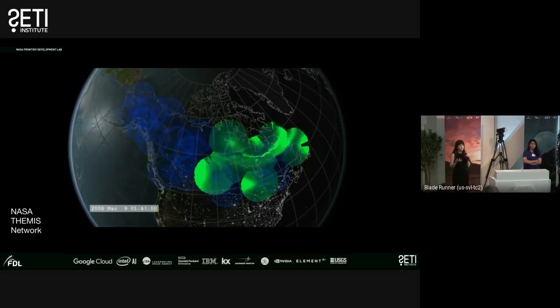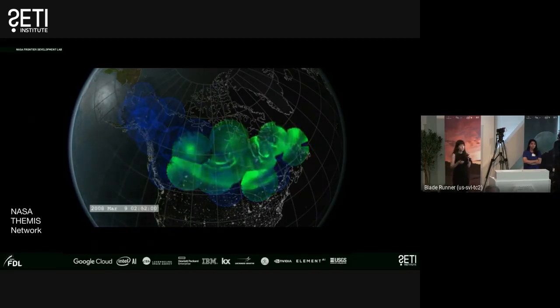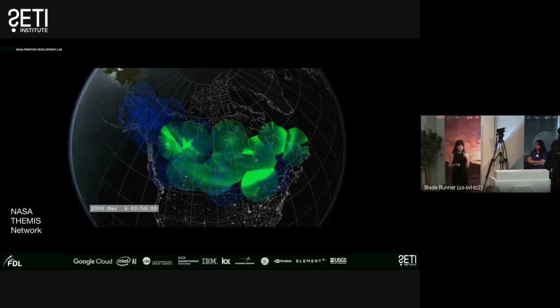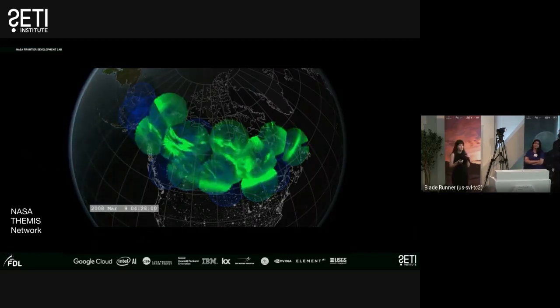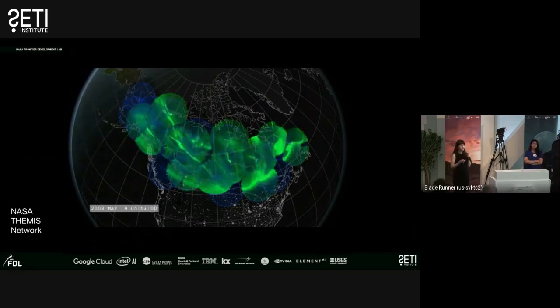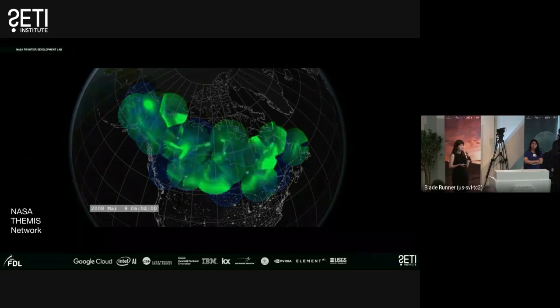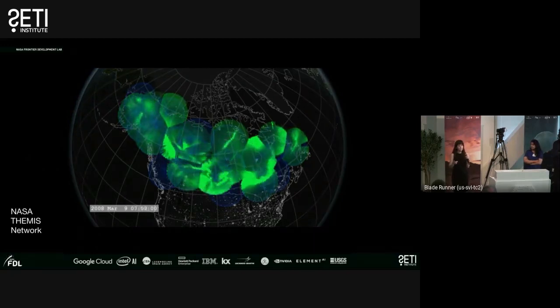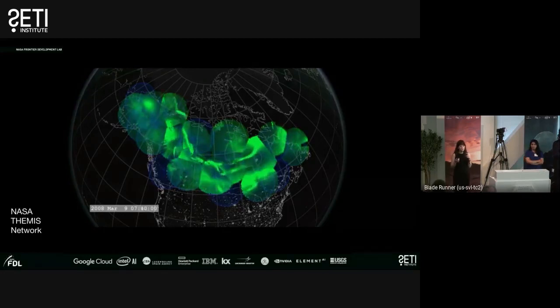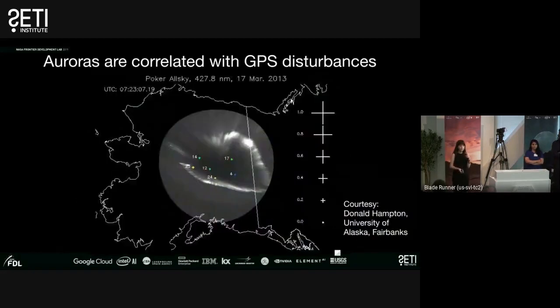And we know that the aurora is caused by some of the same physics that also leads to these local irregularities in the ionospheric electron density that lead to these disturbances in GPS. So one of the challenges that we set out to assess during the past 8 weeks is whether we can actually use images of the aurora in order to inform a predictive model and do a better job of predicting when these GPS disturbances will occur.